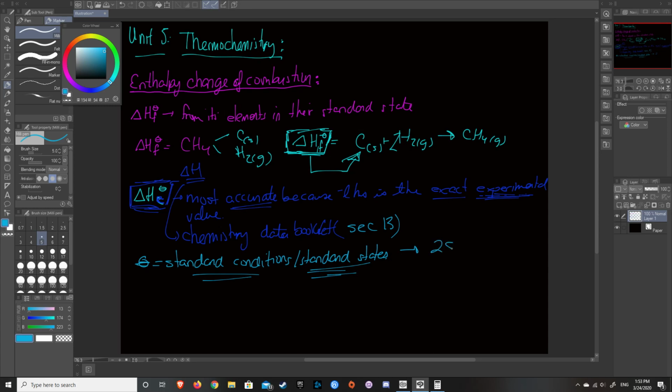The standard conditions, like I said in the last video, were 25 degrees Celsius, which is 298 Kelvin, and 1 atmosphere pressure, which is 100 kPa. So it means the same thing in this case. Every time you see that symbol, it means in standard conditions, in standard state.